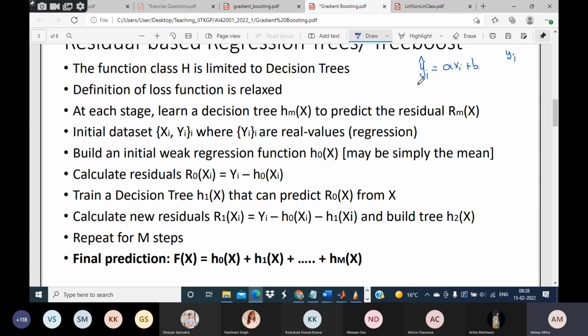So I define the least square loss function in the following way, and then choose a and b so that this thing is minimized. So we have an explicit loss function, say L, and then we choose the parameters of the model so as to minimize the loss function.